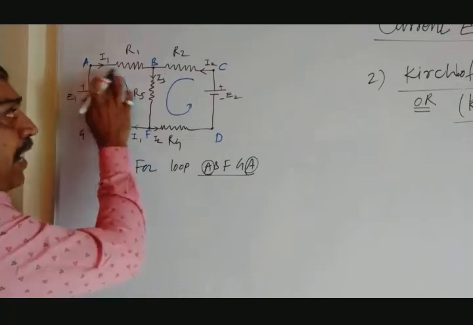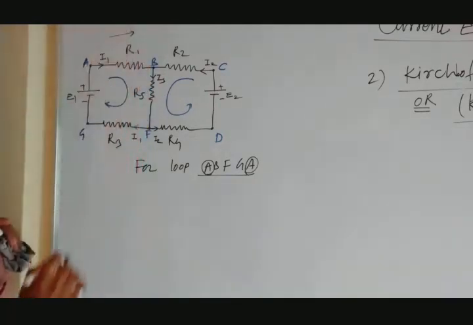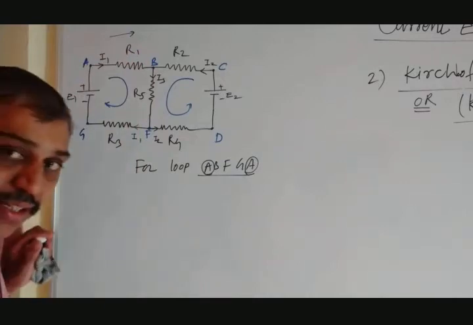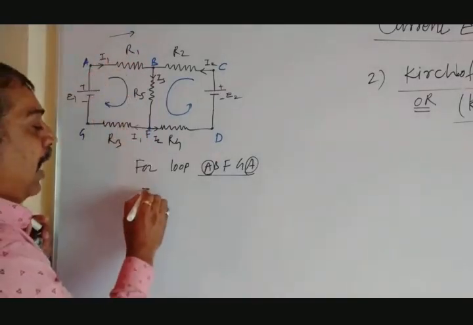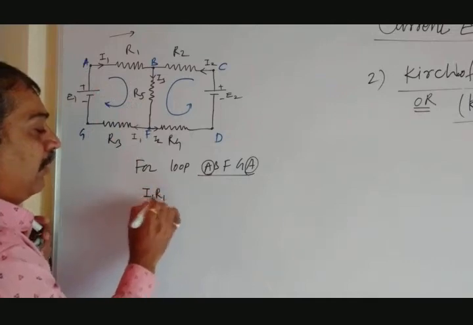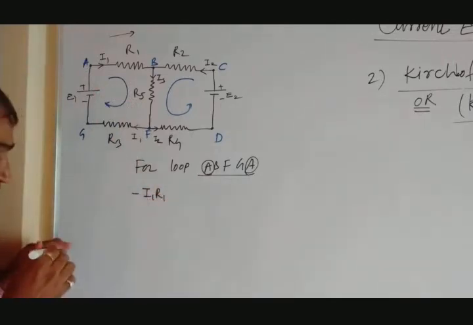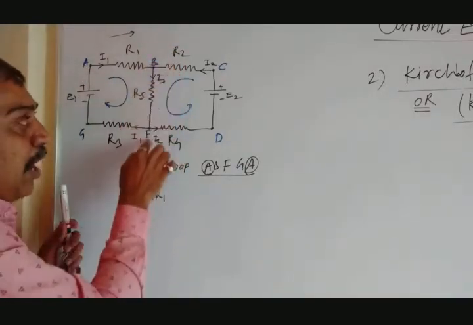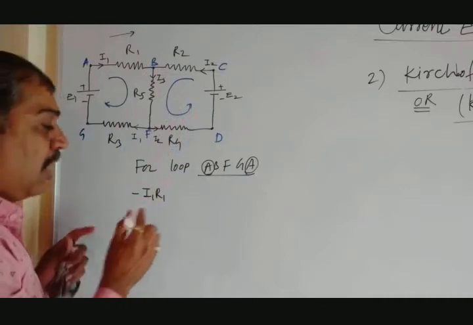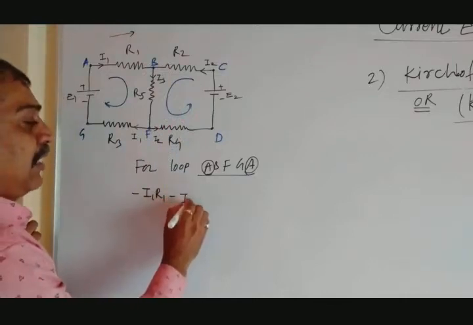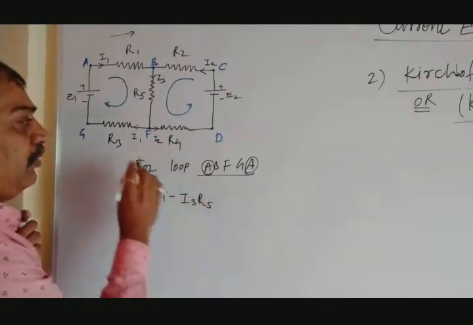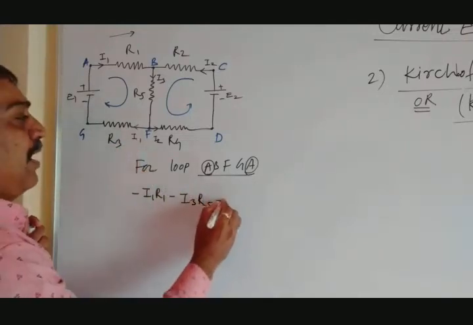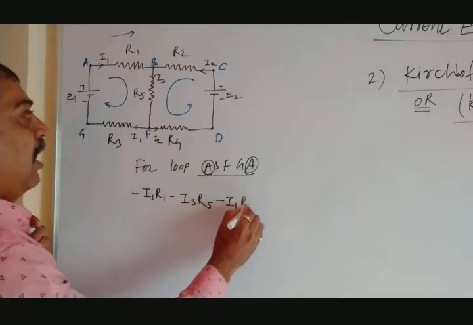As we are moving from A to B, the direction of current is the same as the tracing of the loop. What is that? Potential drop is negative. So it would be minus I1 R1, with the minus sign convention. When we move from B to F, the direction of tracing is up to down, and the current is in the same direction, so again it is minus I3 R5. We move from F to G, the current is moving in the same direction, so it is minus I1 R3.